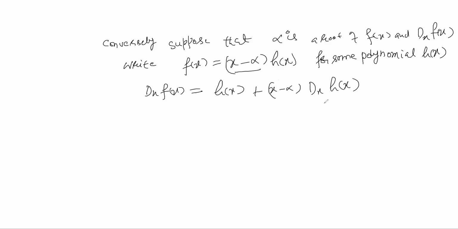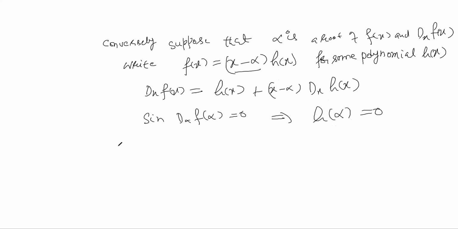Now since f'(alpha) is 0 by our assumption, it means that h(alpha) is 0.